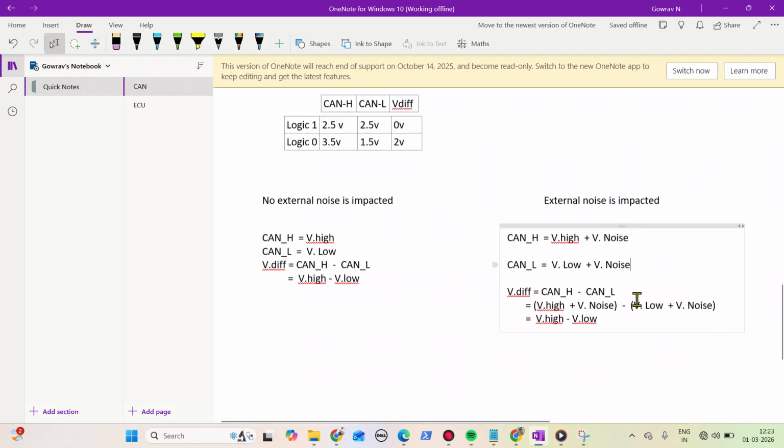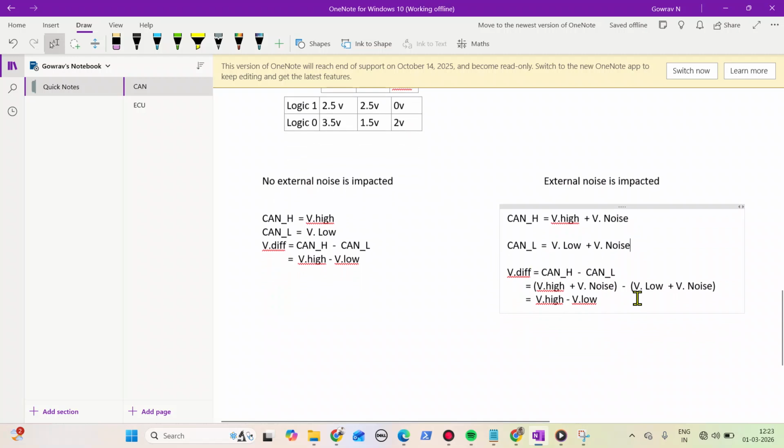Now at the receiver side, the receiver will do the difference between the voltages, CAN high minus CAN low. This is the voltage we have in the CAN high wire, and this is the voltage we have in the CAN low wire. So the difference between CAN high and CAN low will give you high voltage minus low voltage, because the noise voltage and the noise voltage both will be the same.